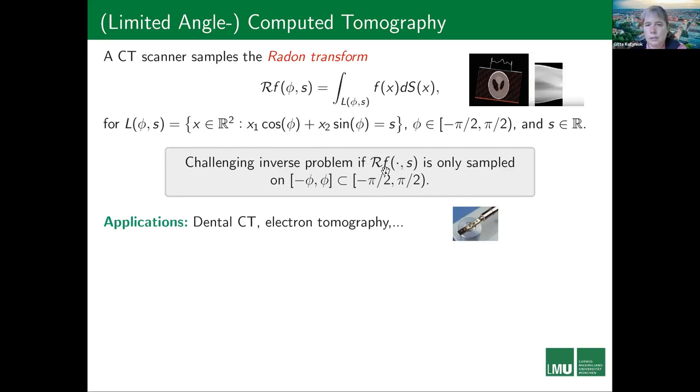In that sense, it is only sampled in a restricted area, meaning there's a whole chunk missing from the sinogram. So it's different from low dose, because in low dose you, for instance, just sample each second angle, which is much easier than if you have a whole area missing.